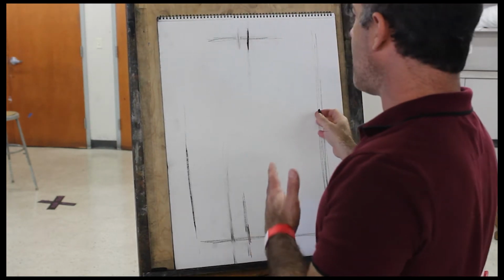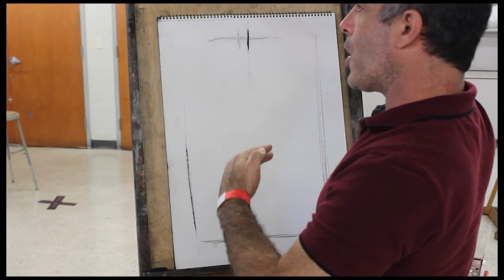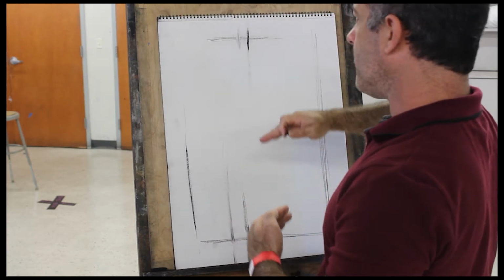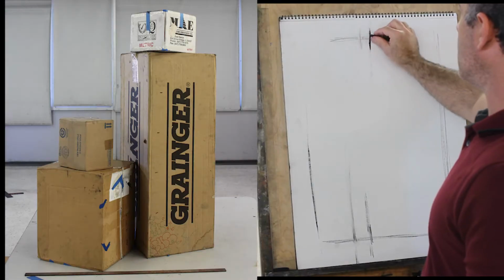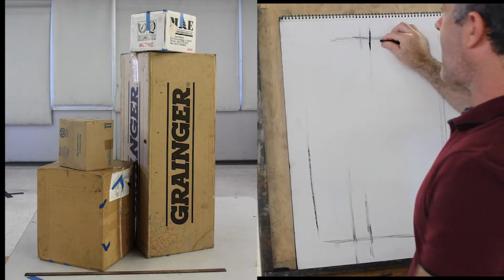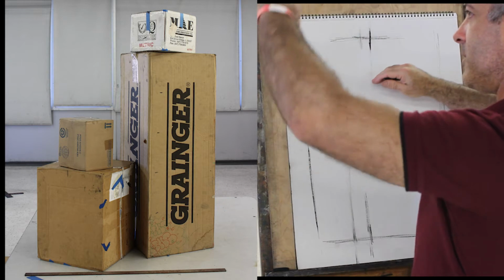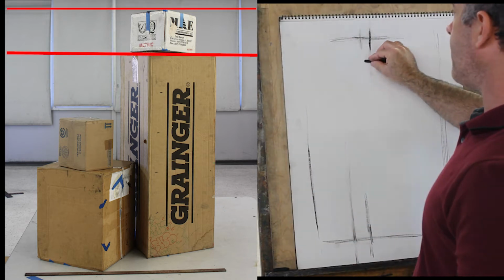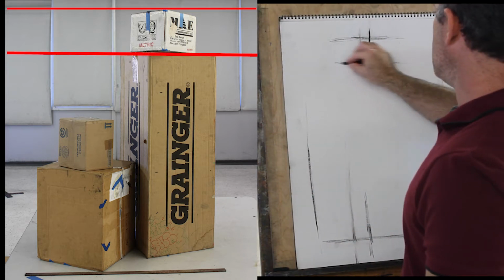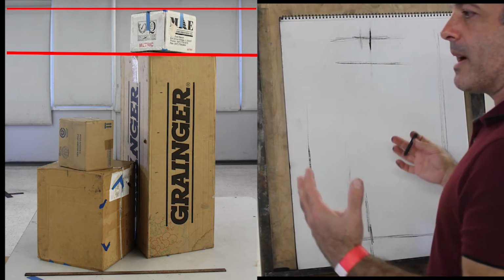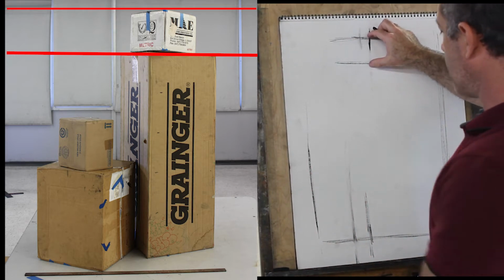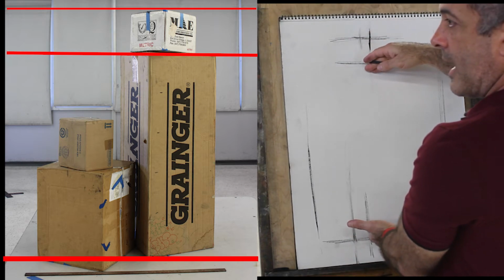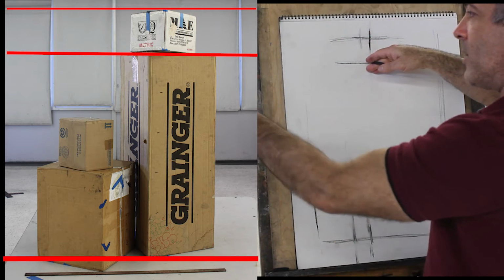And what I'm going to do now is I'm going to just go from top to bottom and make references of height. So what I'm doing here is I'm looking at how tall is the white box that's on top. And this drawing is built on a system of comparisons. So in other words, if this is the height of that white box, then this represents the height of the tall Granger box.